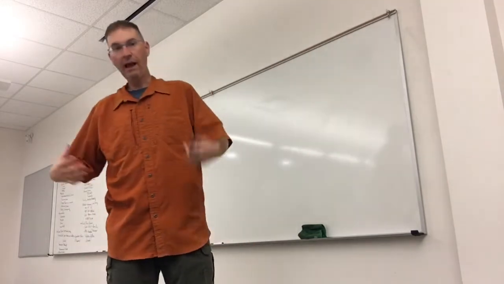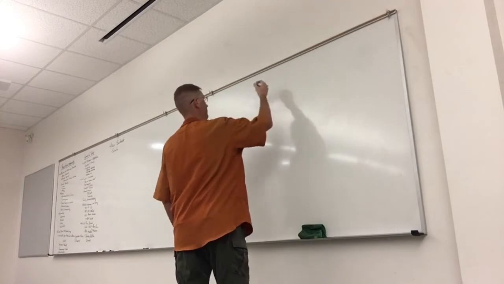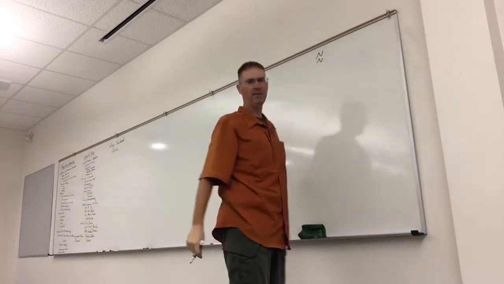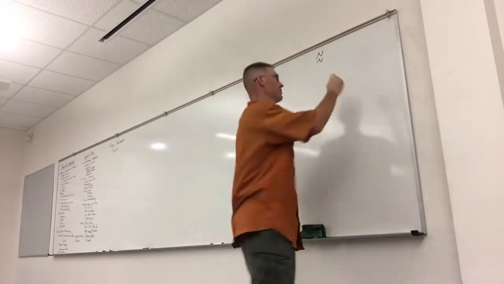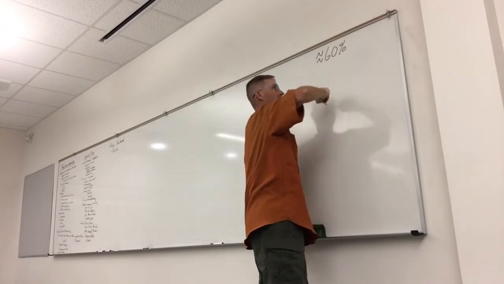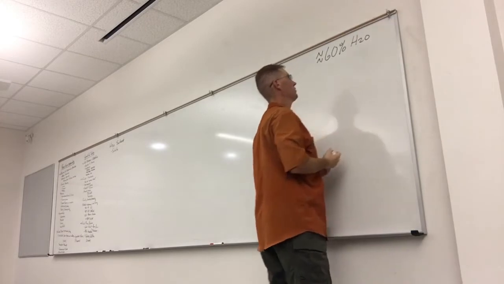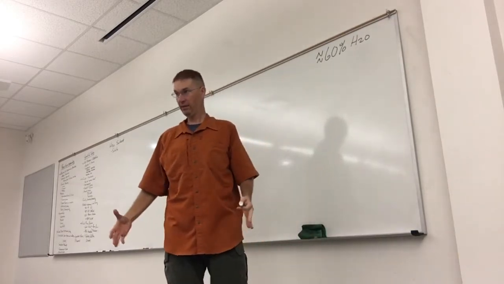In an average healthy person, and this is going to vary from reference to reference, approximately 60% of the weight of a person is water. Right? So not 60% of the volume, but 60% by weight.